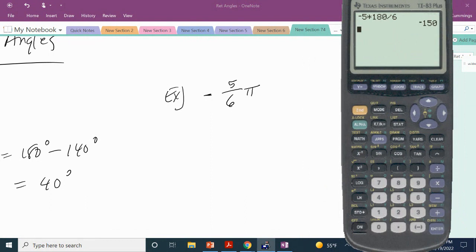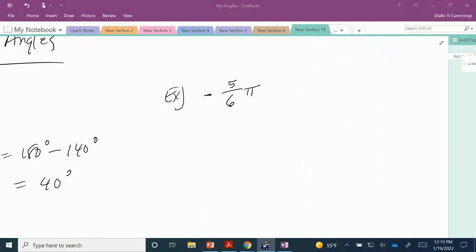Right, so negative 5 pi over 6 radians is equal to negative 150 degrees.